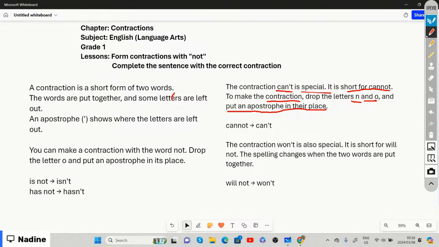There we have cannot, and there we have can't, right? So we need to create a sentence with that word in order to see how we can use it.